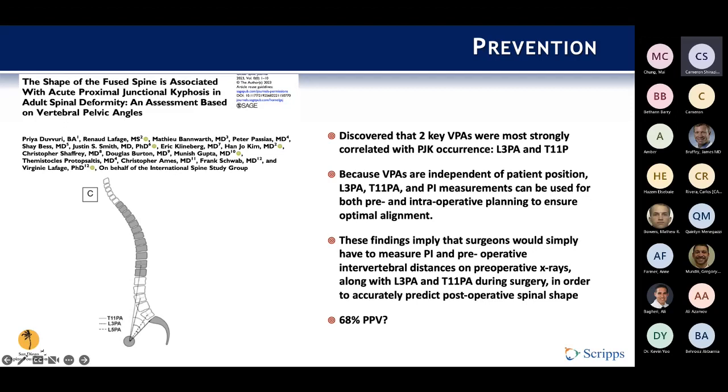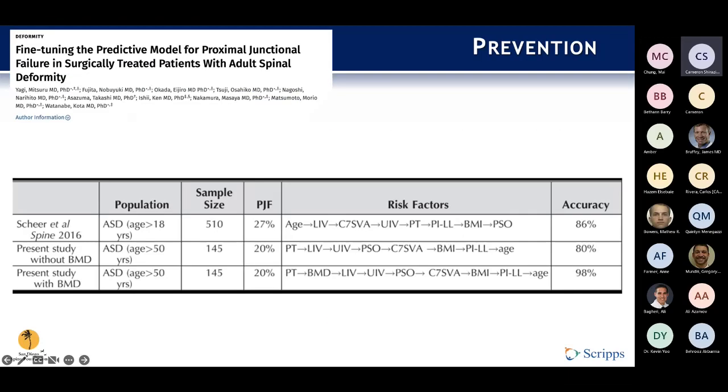And what they note is that since your vertebropelvic angles are independent of patient position, L3PA, T11PA, and PR measurements, you can use them both preoperatively and intraoperatively. So that's kind of the goal and how to ensure optimal alignment. And the conclusion that they came to, they had about a 68% positive predictive value based on some of these measurements.